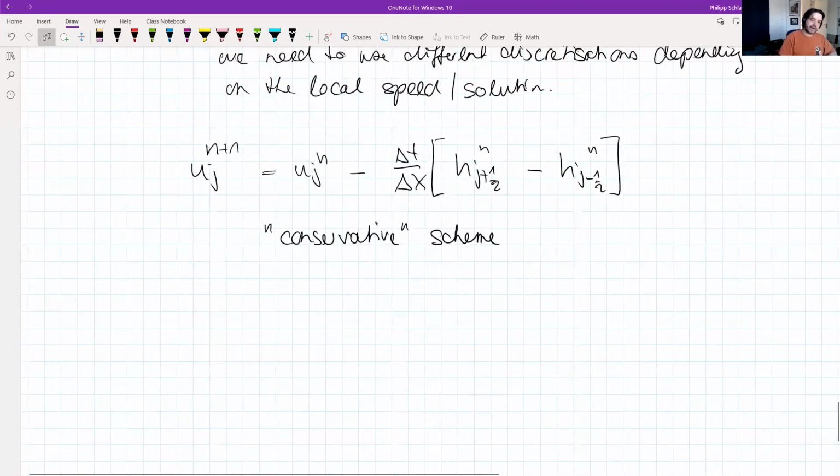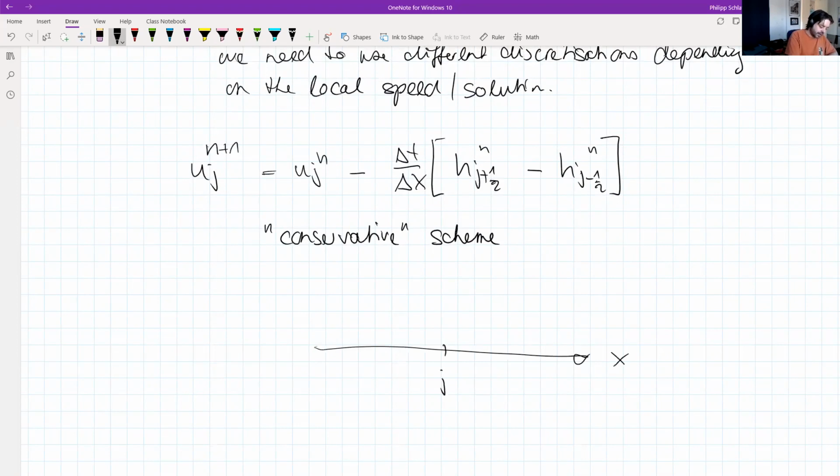Well, the basic idea now is that locally around the grid point, so if this is x, this is maybe index j, this would be j plus 1, and this would be j minus 1. Around this grid point, we would define a little box.